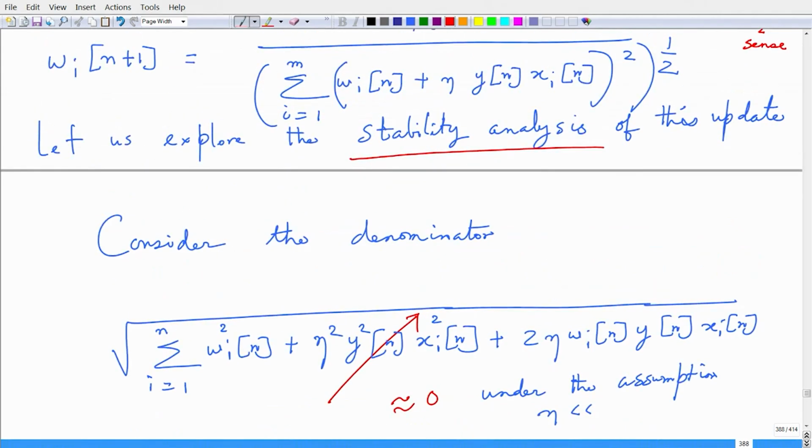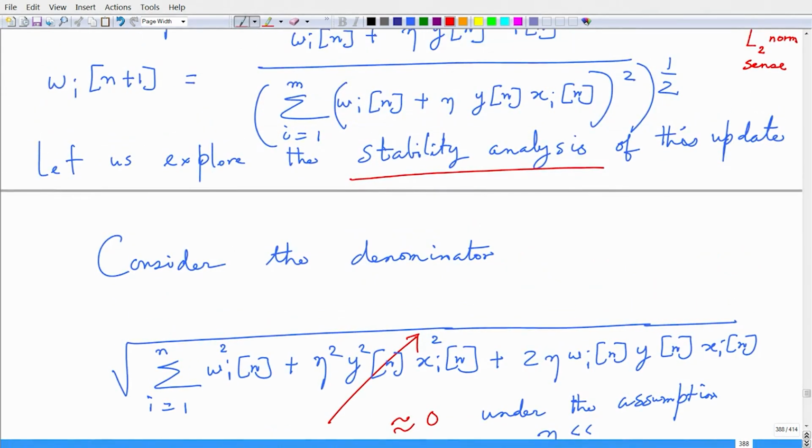Now, let us consider the denominator here, right. I have a square root of summation i equals 1 to m of this quantity, wi of n plus eta times y of n times xi of n, right.